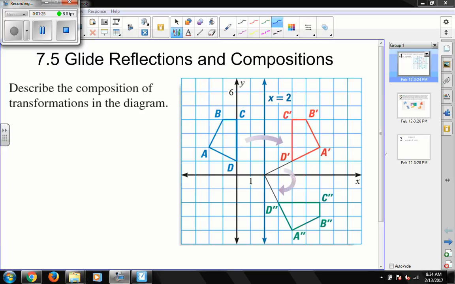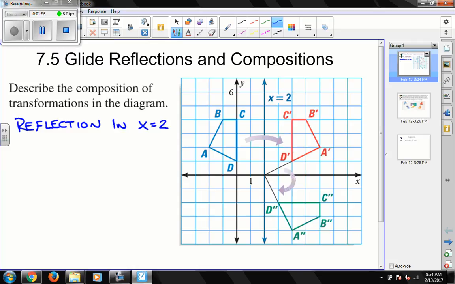So what you would write is reflection in x equals 2. Notice that it is the same thing, just mirrored over, and all points are the same distance away from that line, just on the other side of it.